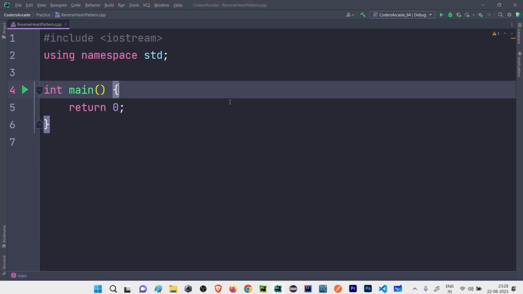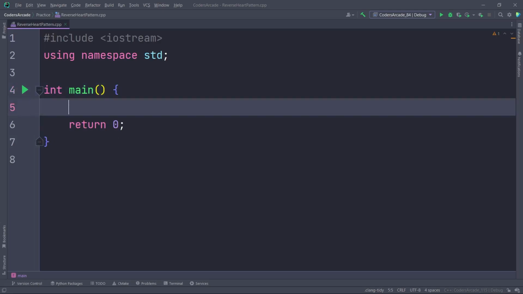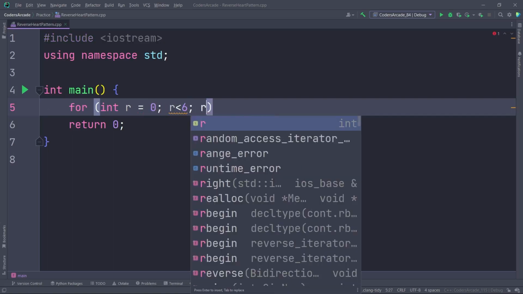So here I am in my editor. I already have the file, so I will start coding. If you remember properly, the row value was 6 rows. So for int r equal to 0, r less than 6, that means 0 to 5, r plus plus.